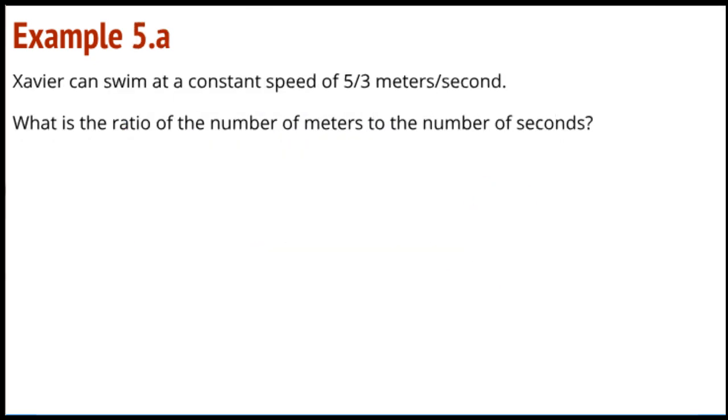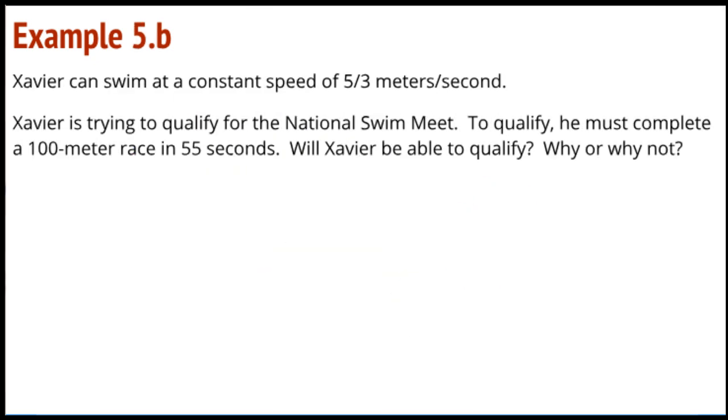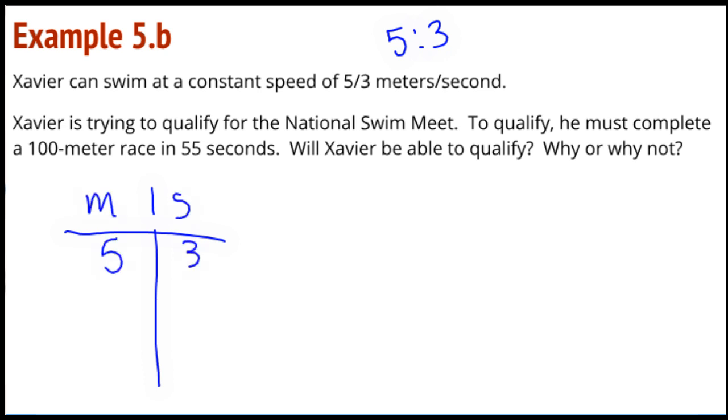Taking another look at Xavier and his ratio of 5 to 3, I could, of course, complete a table of equivalent ratios. I've got his meters, I've got his seconds, I've got 5 to 3. So 10 and 6, I've doubled them both, multiplying by 2. And now I can scale this up to 100 meters.